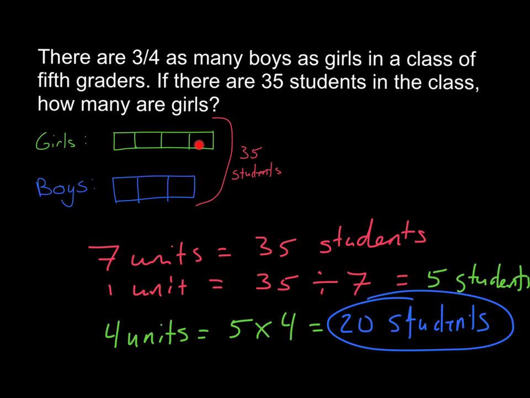I'm looking at how many girls are in the class, which is 4 units, looking at my picture, and I have 5 students times 4 units, which gives me 20 students, and I can do 35 minus 20, which gives me 15 boys if I wanted to know that as well.